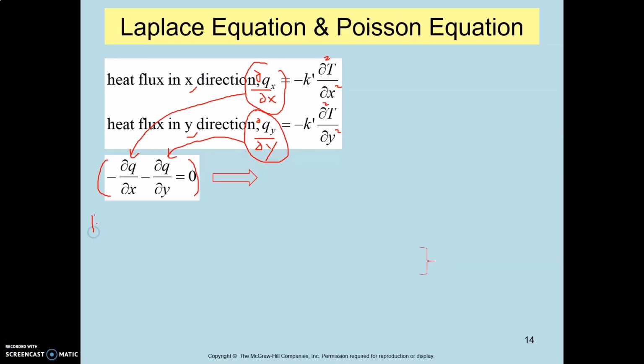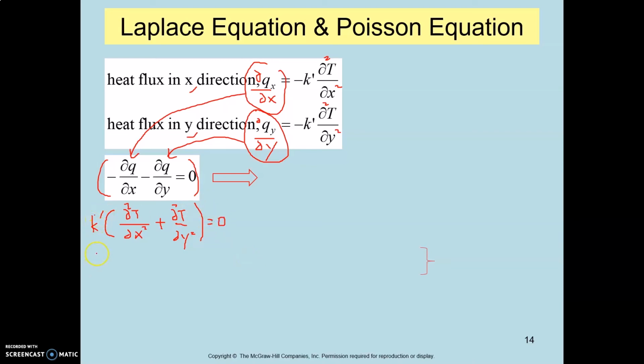With that, the negative k prime can be cancelled and becomes positive. So delta T over delta x. Negative multiplied by negative becomes positive. K prime is still the same, I can take it out. So delta T over delta y. Don't forget the power of 2. Okay, so this can be equal to 0.